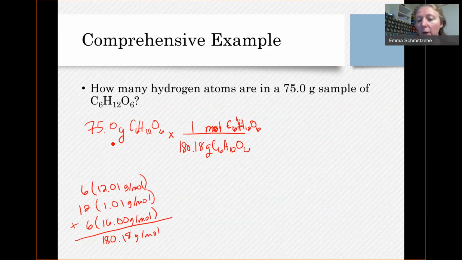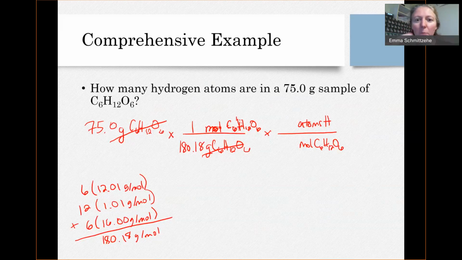So that's going to cancel my grams. And then I can get rid of moles of C6H12O6. And then again, looking at what we want, atoms of hydrogen, the question is, can I go from moles of some compound to atoms of an element within that compound? And no, we don't have information to do that directly. So let's try to get closer to that.